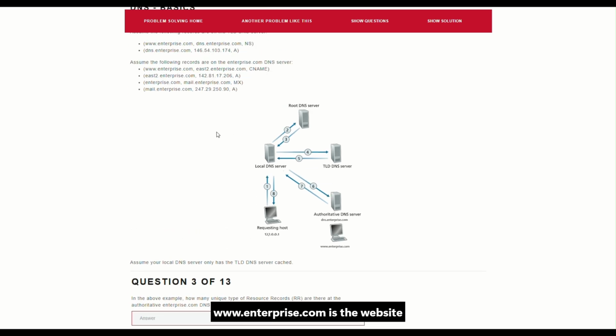Enterprise.com is what the question is asking. www.enterprise.com is the website that is stored on the DNS server.